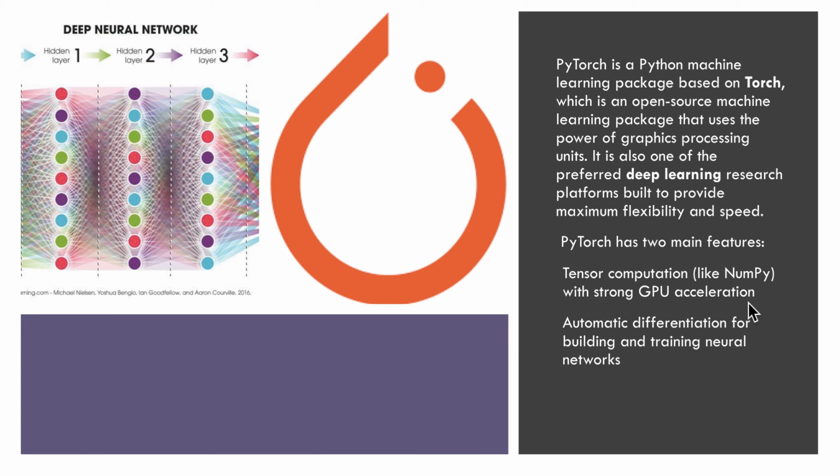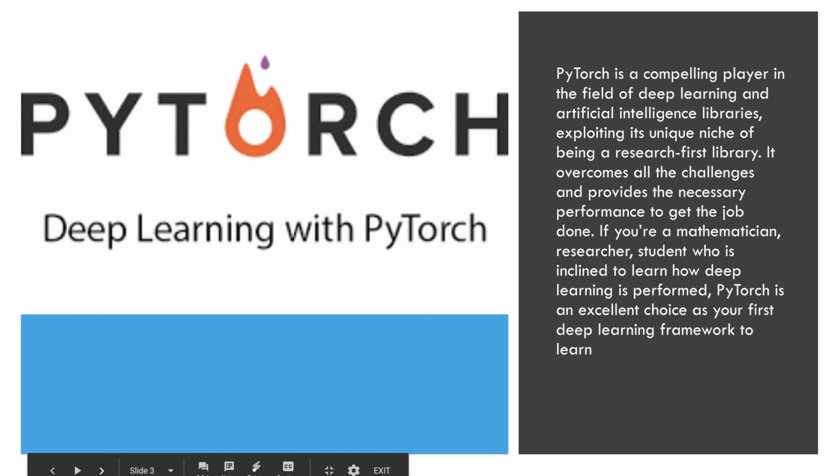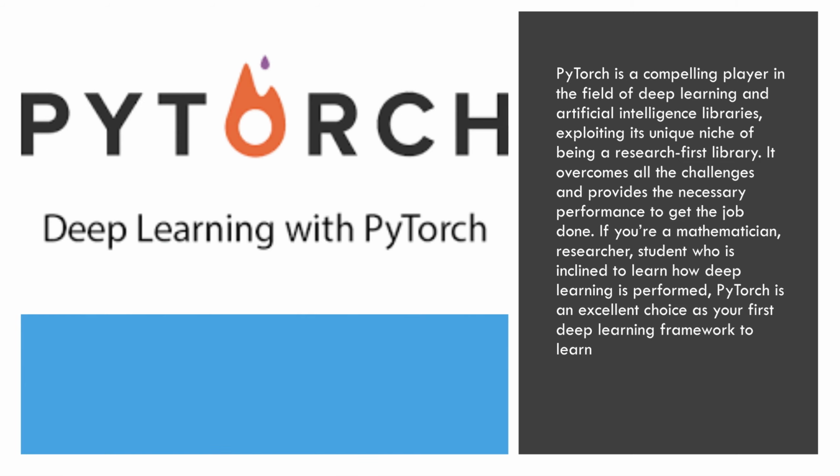And it provides GPU acceleration. It allows automatic differentiation for building and training neural networks. And this is a compelling player in the field of deep learning and artificial intelligence because this is a research-first library and it overcomes all the challenges and provides the necessary performance to get the job done.